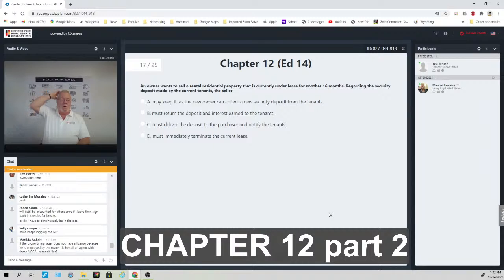17. An owner wants to sell a rental residential property that is currently under lease for another 16 months.